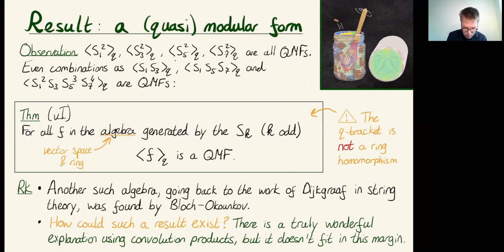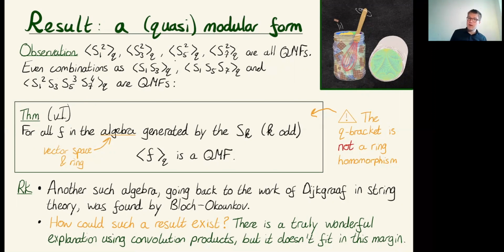This just means a space where you can add, as in a vector space, and where you can multiply, as in a ring. So this result says that for all polynomials in these functions sk, the Q bracket, so the result of this procedure with the whisk, will be a nice quasi-modular form. A very surprising result, if you ask me.